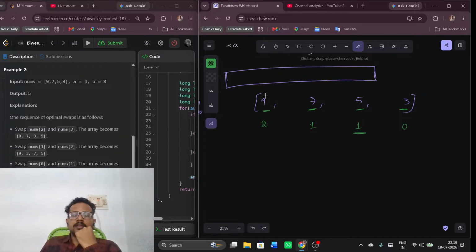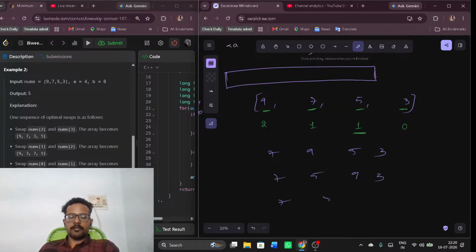But if you see, to make this over here, I need many adjacent swaps in the middle. Let me tell you, just swap 9 and 7. 7, 9, 5, 3, and then 9 again: 7, 5, 9, 3, then 7, 5, 3, 9.